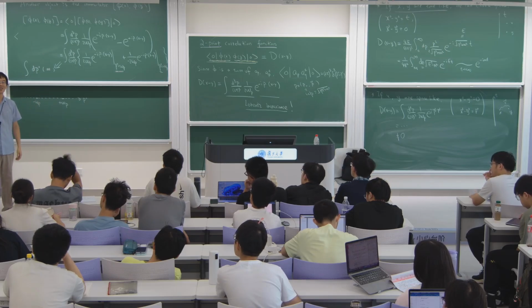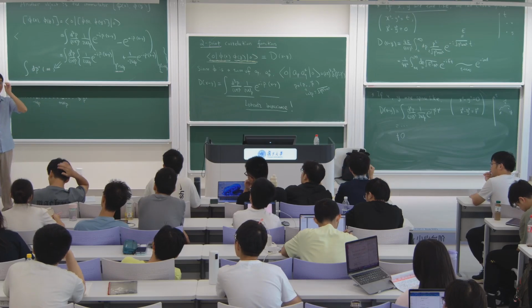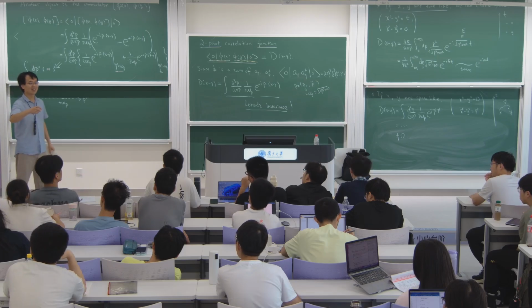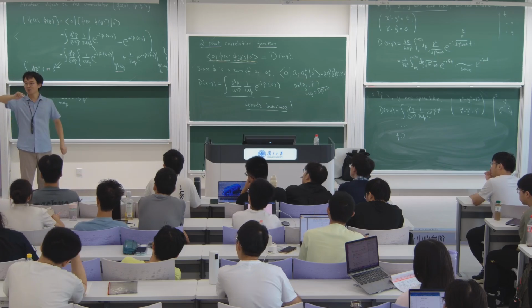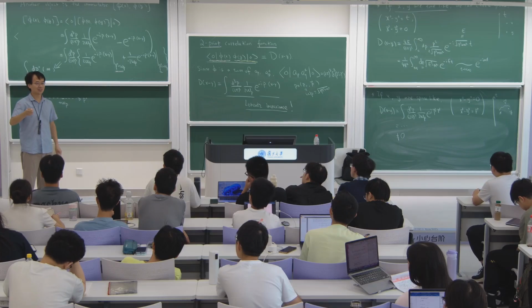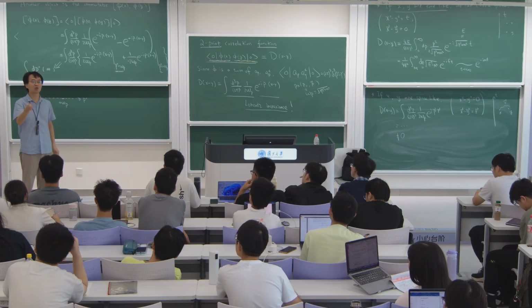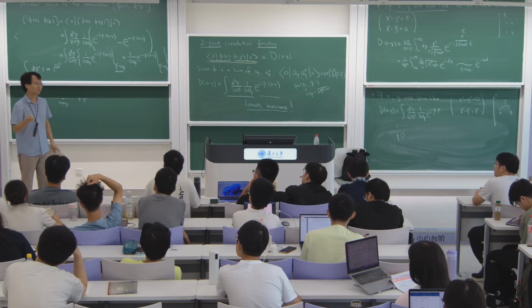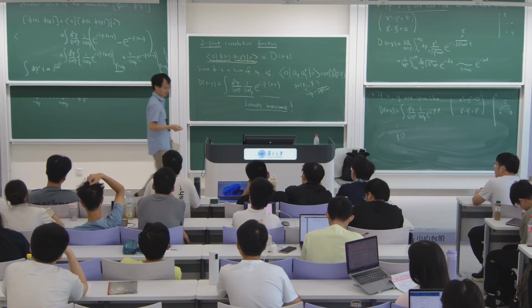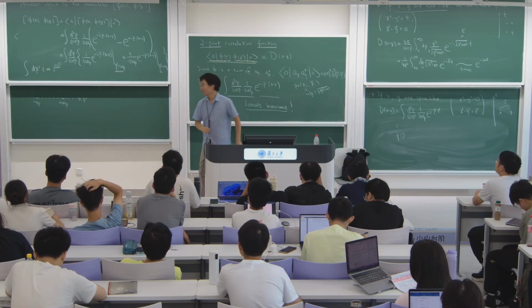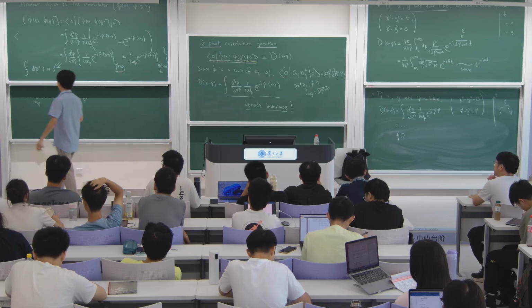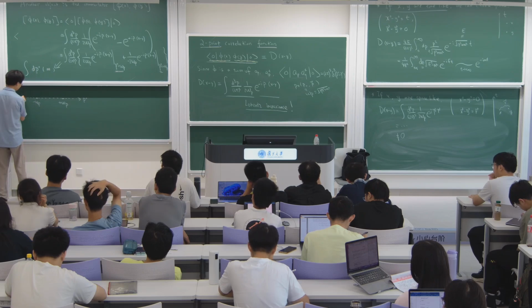What do you do? You move around to avoid the poles. That means we have to choose some contour. That's what we do. So in this case, for example, you can choose a contour in this way.